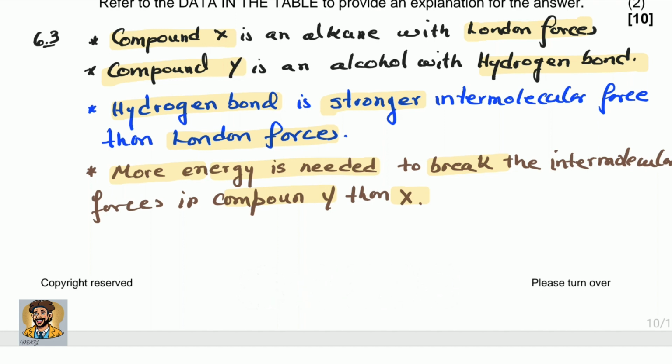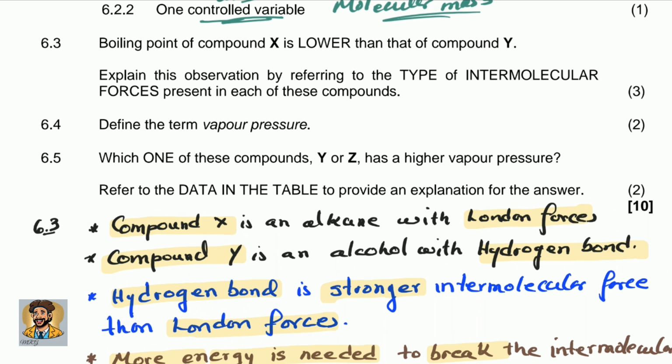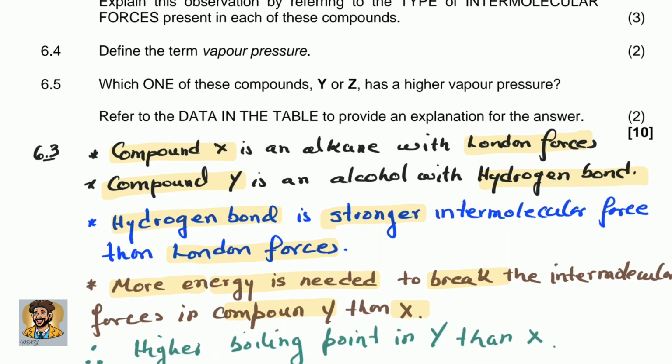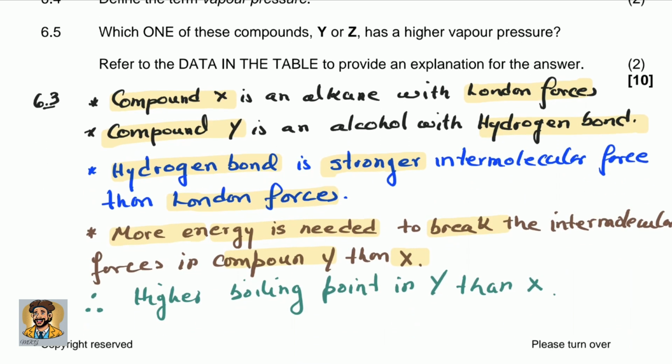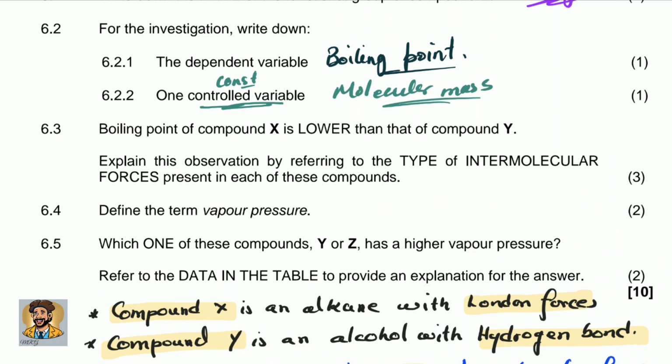And finally, you can conclude by saying therefore higher boiling point in Y than X. Guys, that is the answer of 6.3. It's always going to be like that, and you always have to repeat the same steps. You first have to identify the type of intermolecular forces, then you have to compare, then you have to speak about the energy. Okay, so those are the steps here.